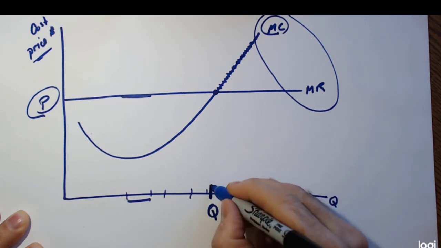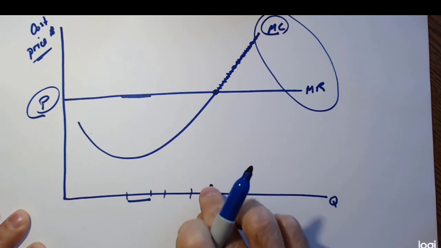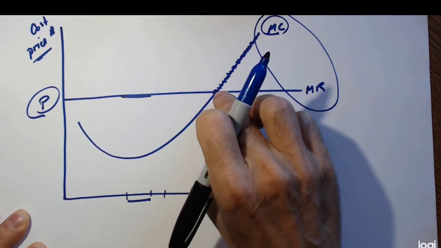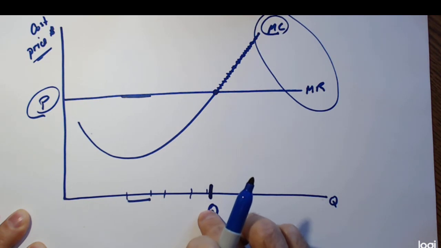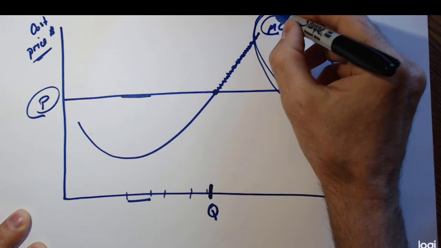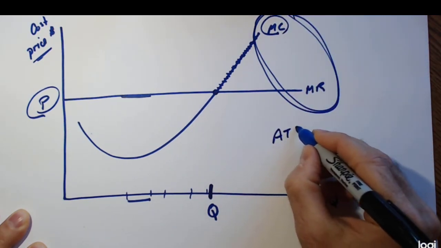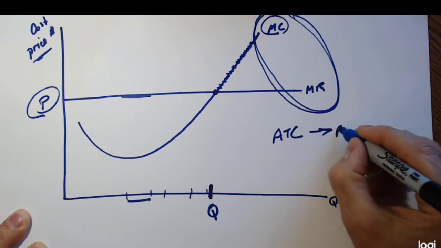So you determine Q. That's the first thing you need to do. And then the next thing you need to do is determine where your costs are at that point to determine profitability. So you determine Q with the margins, and then the average total cost will help determine your profitability.